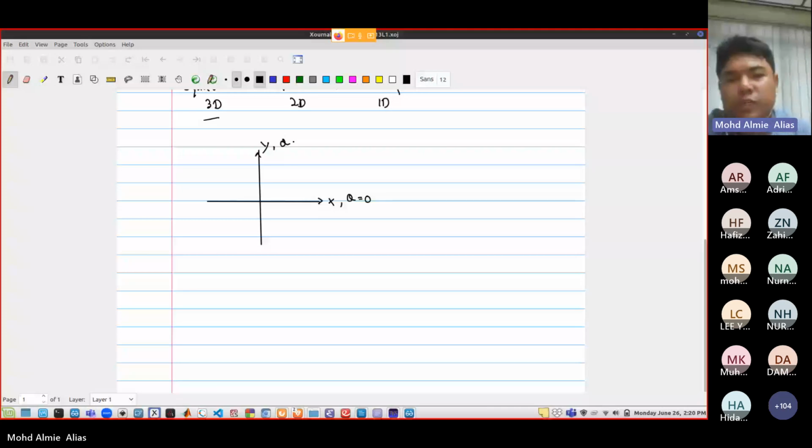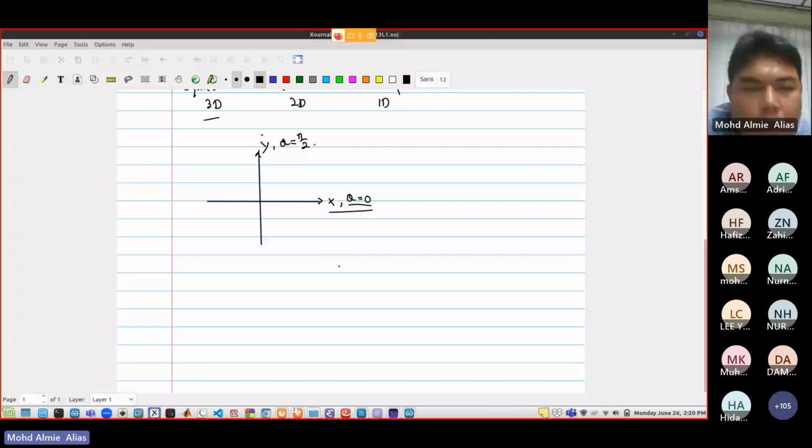In general, they usually take your x as theta equals 0, but it can actually be different. You can take theta equals 0 from y, it doesn't matter. But in general, usually the x-axis is where we start counting the theta.